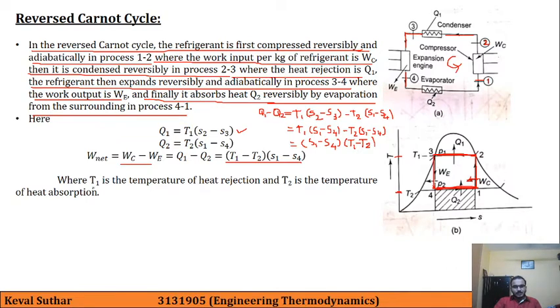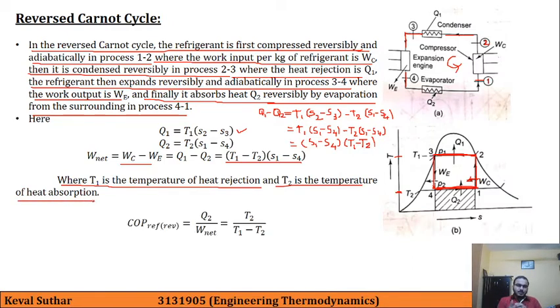Here T1 is known as the temperature of heat rejection and T2 is known as the temperature of heat absorption. So COP here is given by Q2, because Q2 is our desired effect, as this reverse Carnot cycle will be used for refrigeration. So this is our desired effect, Q2 upon W net.